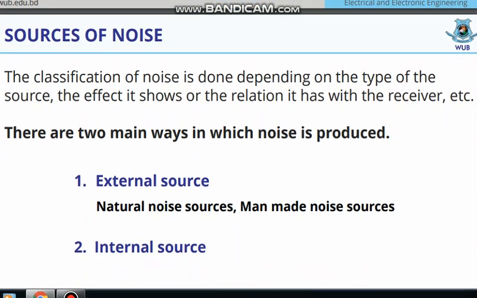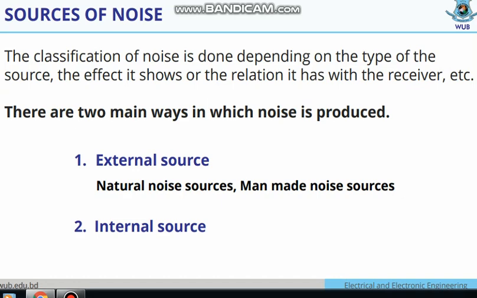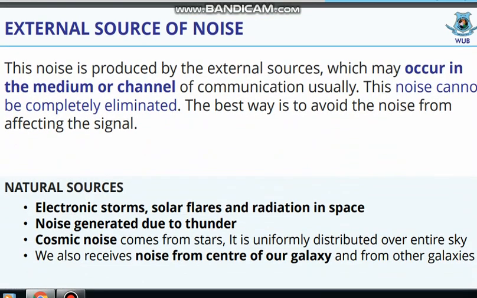Sources of noise. The classification of noise is done depending on the type of the source, the effect it shows, or the relation it has with the receiver. There are two main ways noise is produced: the external source and the internal source. External sources include natural sources and man-made noise sources. External noise is produced by external sources which may occur in the medium or channel of communication.